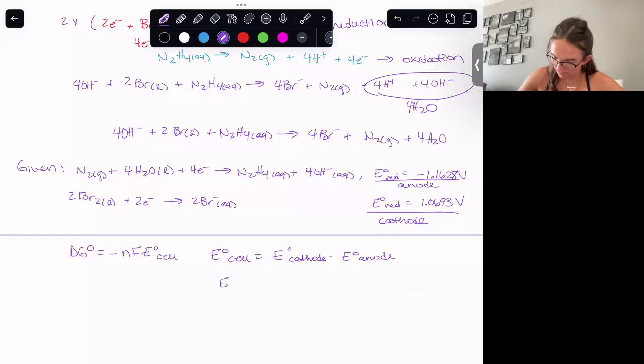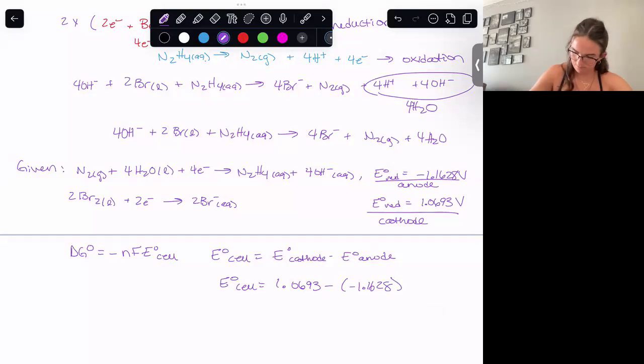So we have E naught cell equal to 1.0693 minus negative 1.1628. We have E naught of the cell is equal to 2.23.